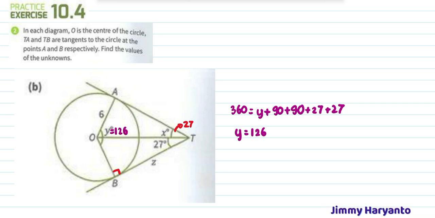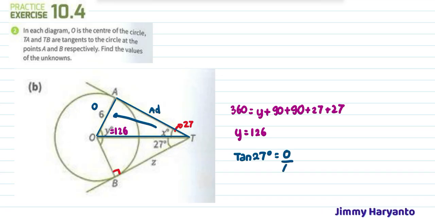And then to find the z, I want to find the a first, because a equals the bt and it equals the z. I will use the triangle. I will use tangent. So tangent of 27 degrees equals opposite over adjacent.